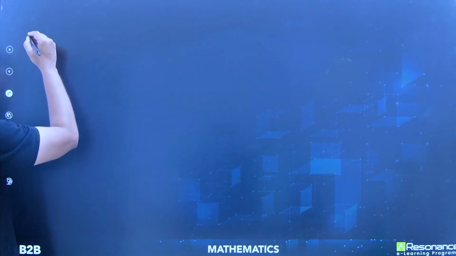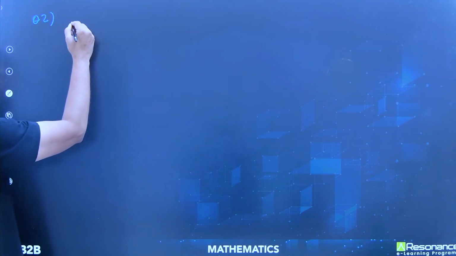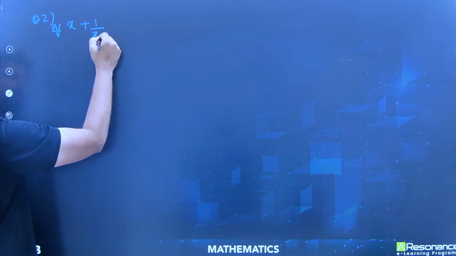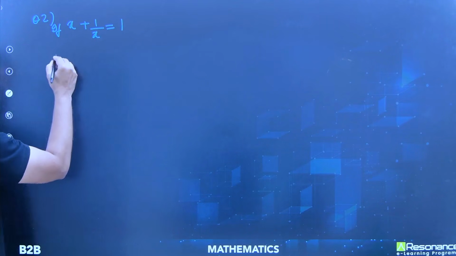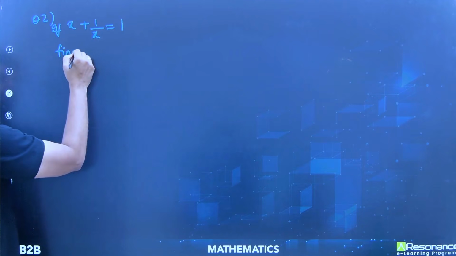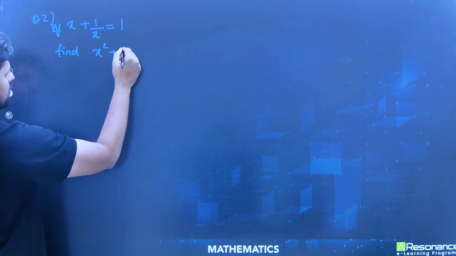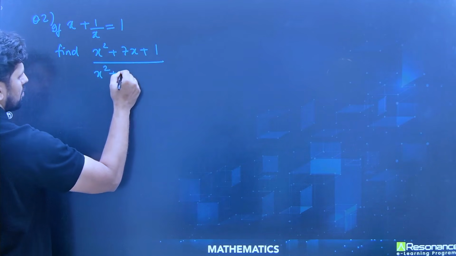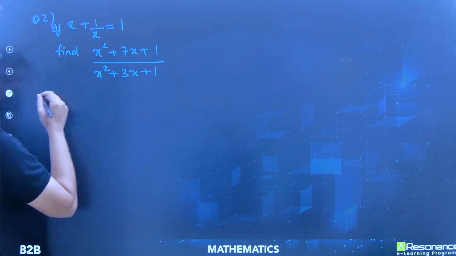Okay, what question should I give you? Let's do this. If x plus 1 upon x equal to 1, find x square plus 7x plus 1 upon x square plus 3x plus 1.